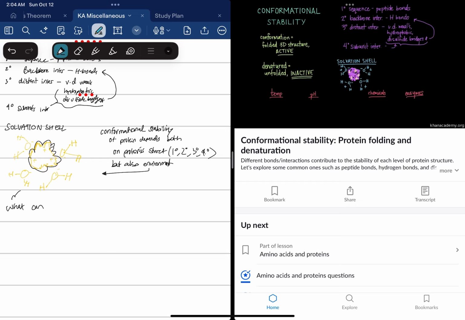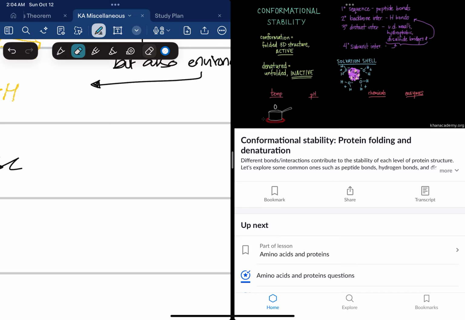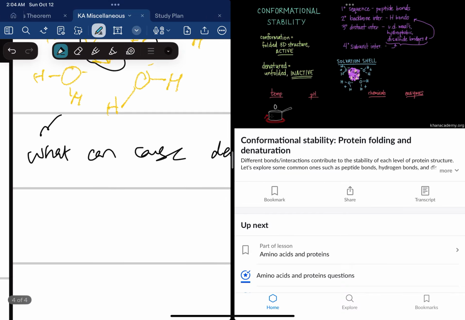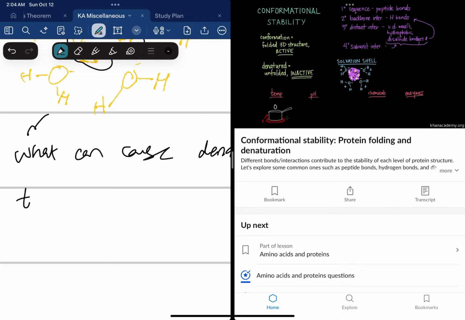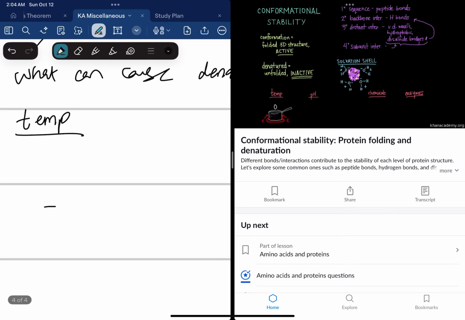And we can use the example of an egg when we put it into a pot of boiling water, because an egg, especially the white part, is full of protein. And this pot of boiling water is representing heat. And remember that heat is really just a form of energy. So when you heat an egg, the proteins gain energy and literally shake apart the bonds between the parts of the amino acid chains.